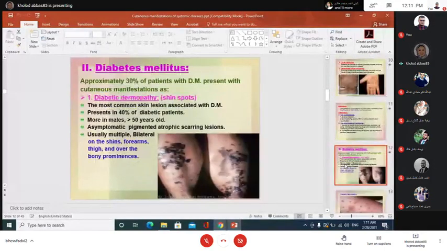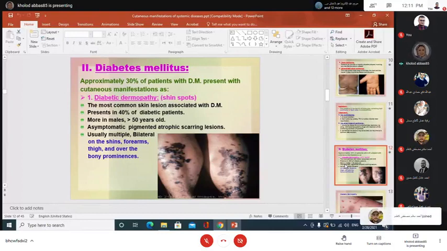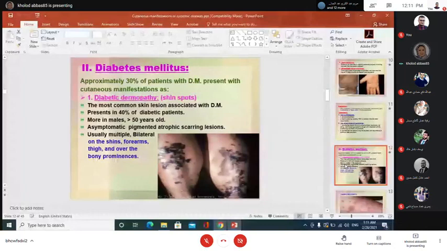We finished xanthoma. Now we have another topic, which is skin manifestations associated with diabetes mellitus. Usually, approximately 30% of patients with diabetes present with cutaneous manifestations. It means it's common to see skin manifestations.